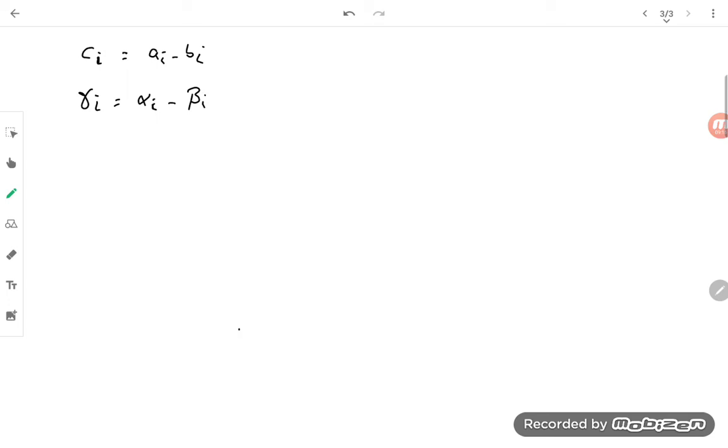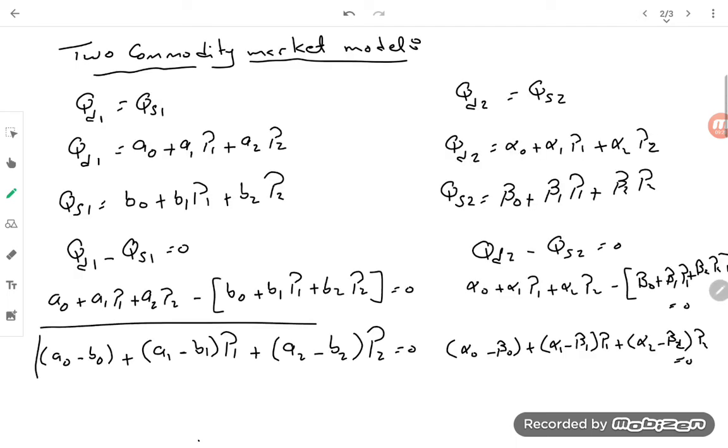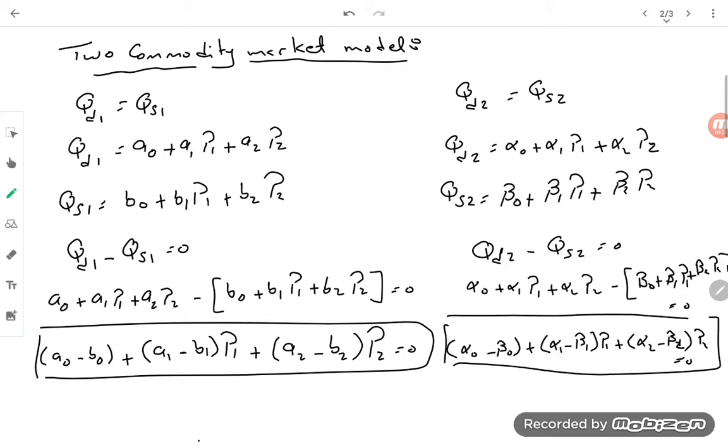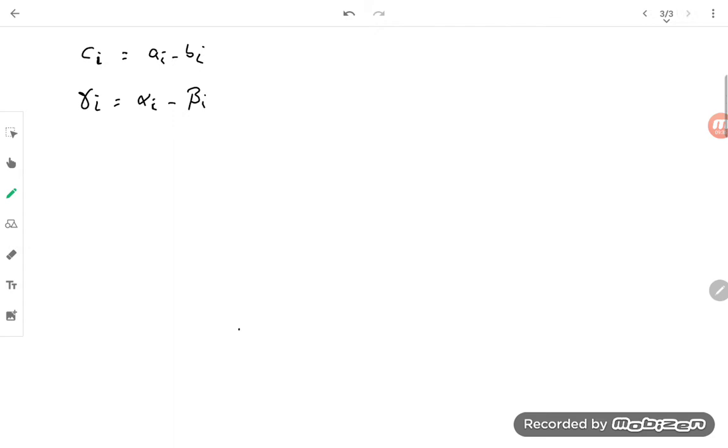So returning back to the two main equations, the last two equations, this is number 1 and this is number 2. We can replace the bracket with C in this case and with gamma in this case. So it will be C node plus C1 P1 plus C2 P2 equals 0.